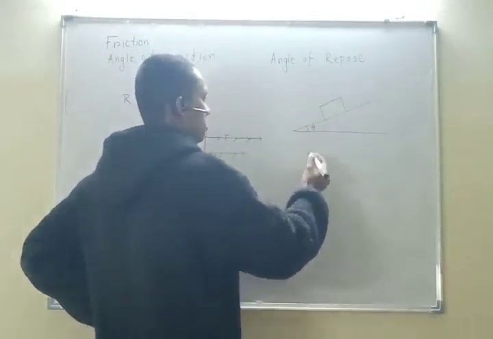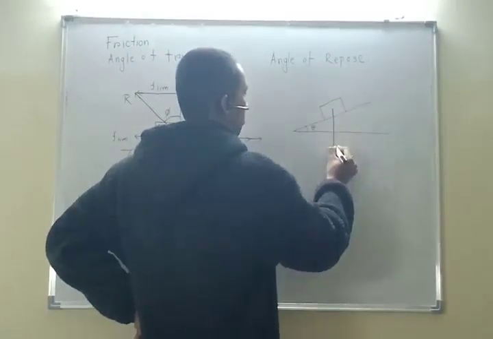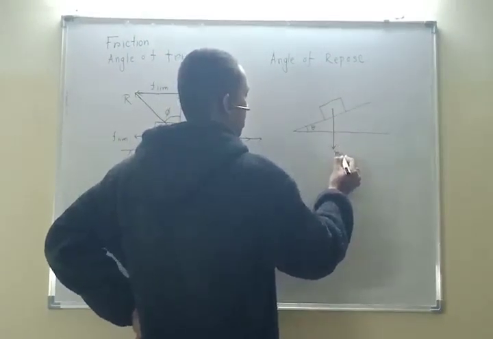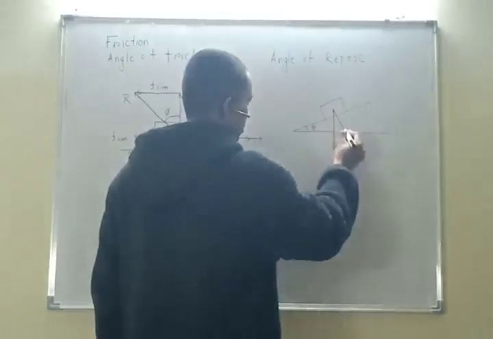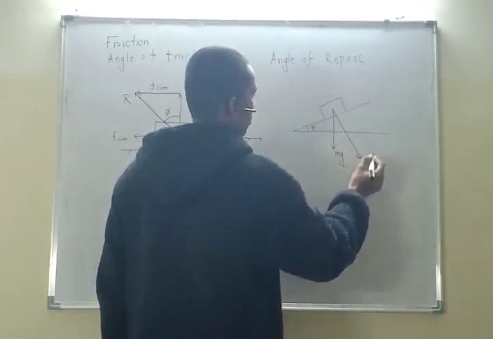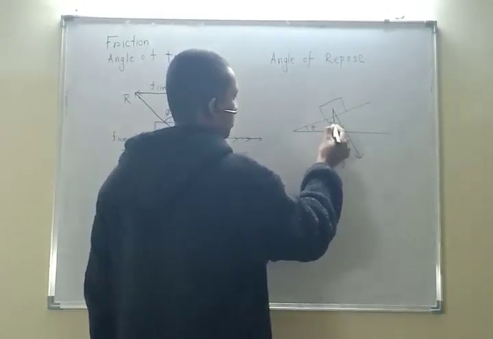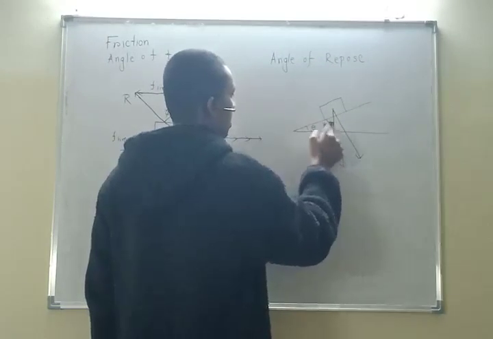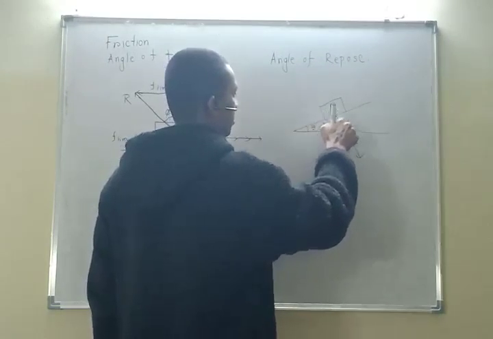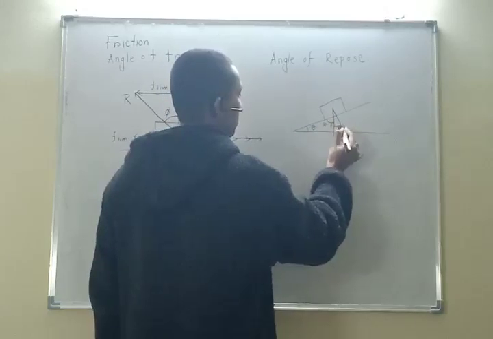See, the mass of this body will be acting like this, mg. And if this is theta, this is 90 degrees, so this is 90 minus theta. And if this is 90 minus theta, the total angle is 90, so this is again theta.